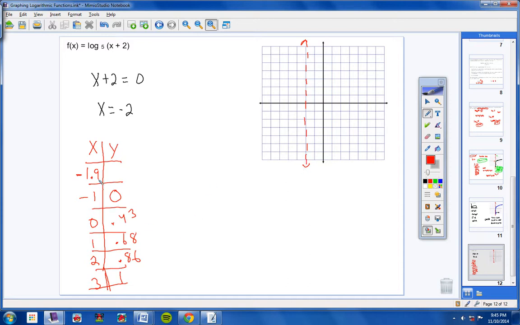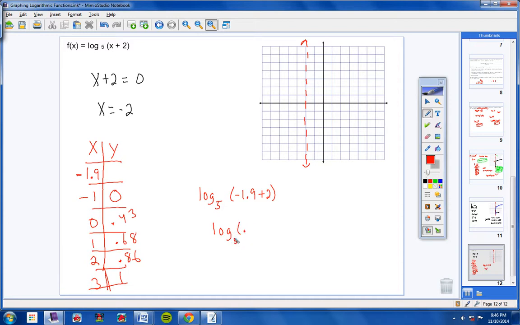All right, let's put our negative 1.9 in for x here. So we have log base 5, parentheses, negative 1.9 plus 2. Well, guys, think about it, negative 1.9 plus 2 is going to give you 0.1. So log base 5 of 0.1.